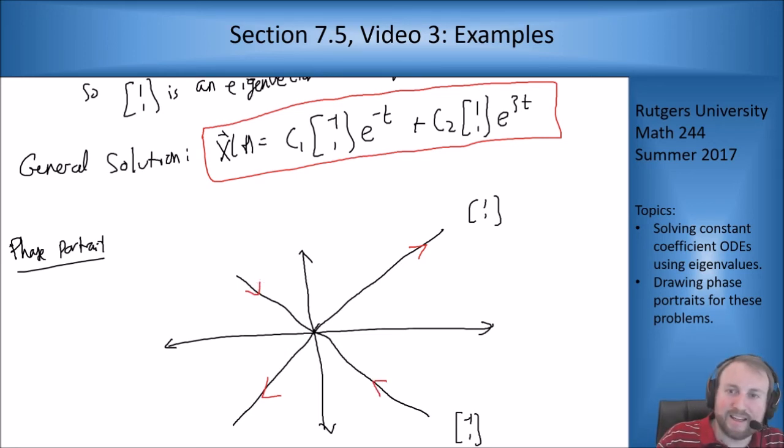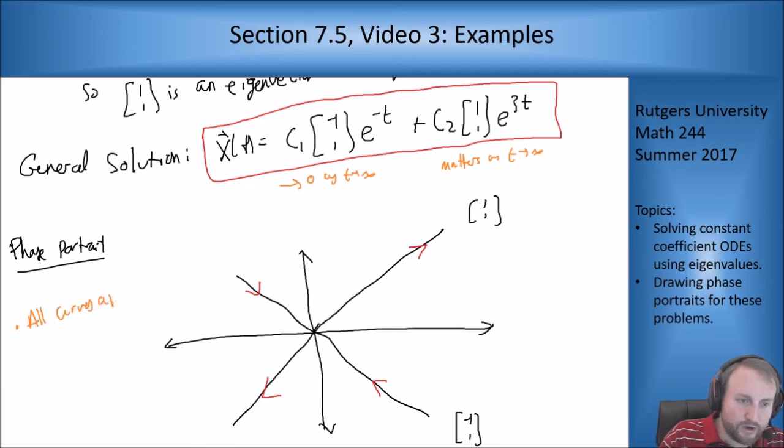From that, then, it's easy to see that this term matters as t goes to infinity, and this goes to 0 as t goes to infinity, which means all curves approach the (1, 1) line as t goes to infinity.